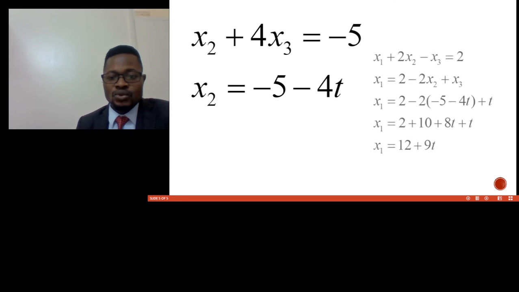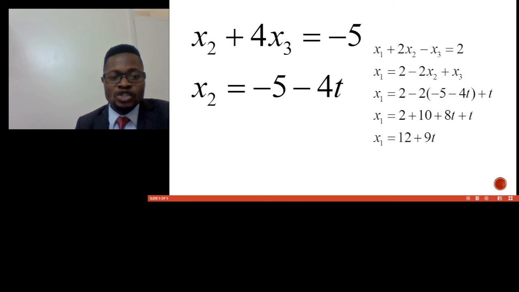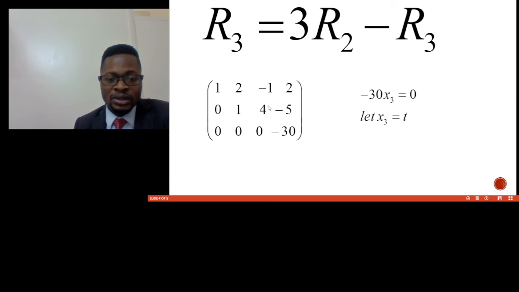So our x2 now will be x2 plus 4x3 is equal to negative 5. How do we get this? Because we know that in the second row, we have 0 as the x1 coefficient, 1 as the x2 coefficient, and 4 as the x3 coefficient, and then we have negative 5.